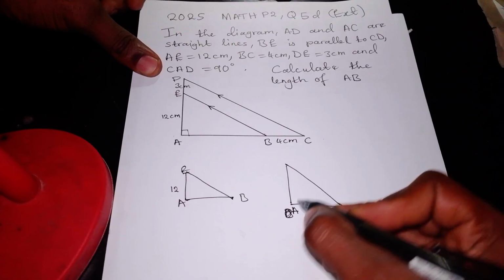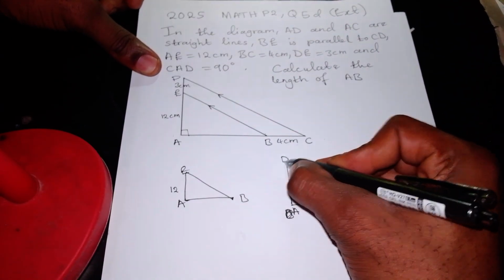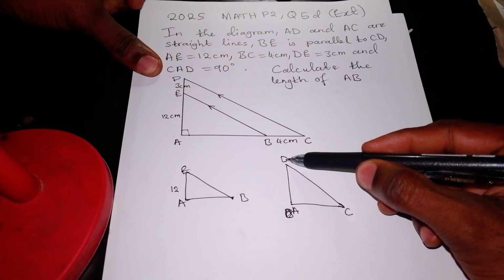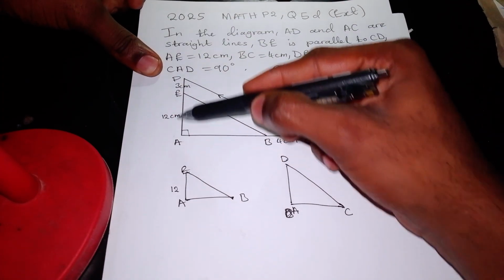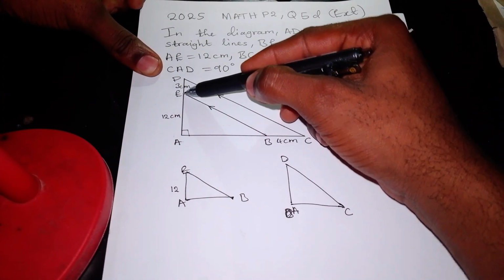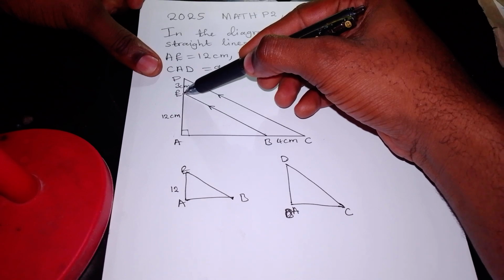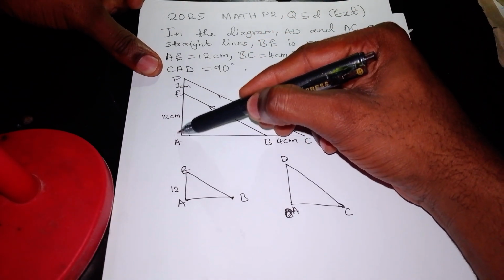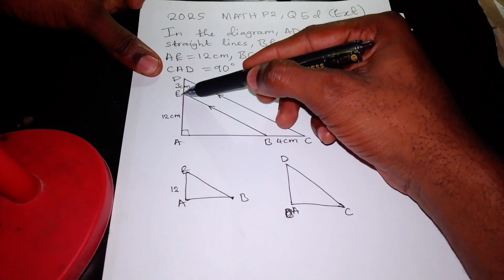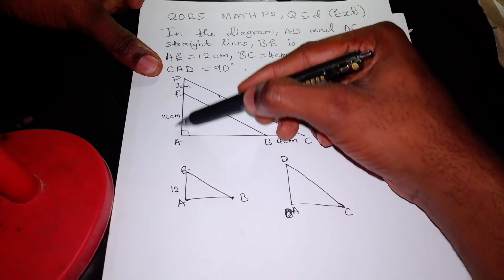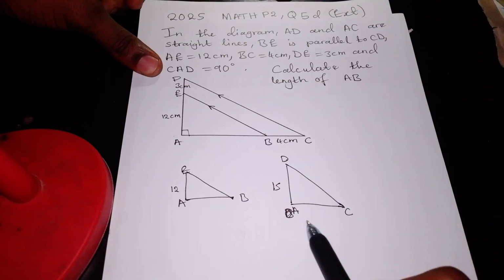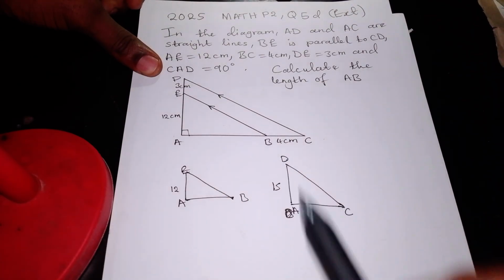Of course, this is an A, then this is a D. So the distance from A to D is the distance from A to E plus the distance from E to D. From here to there you have 12, from here to there you have 3. So altogether you have 15 centimeters as the distance from A to D.